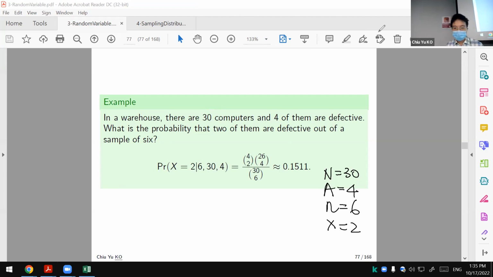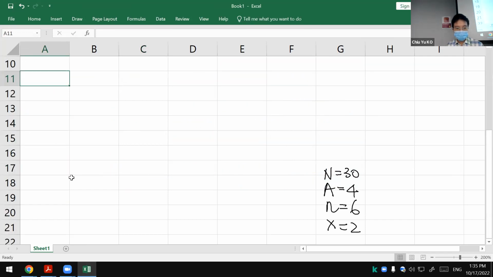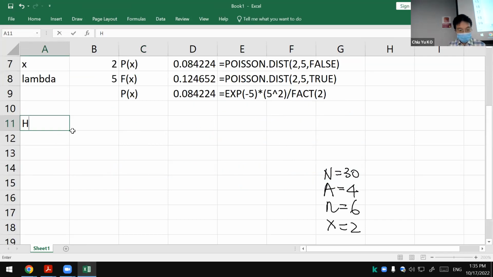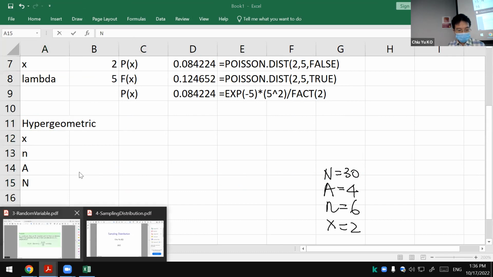So let's go to hypergeometric here. X and A and N, is it right? Let me see.